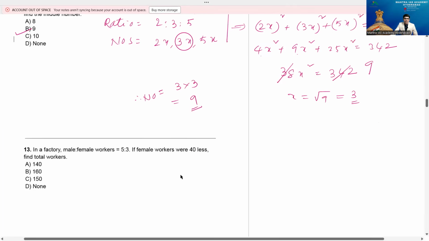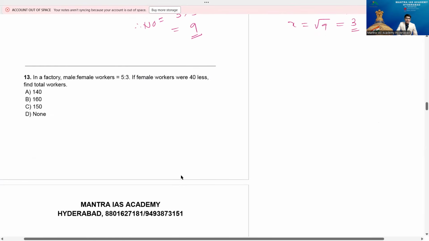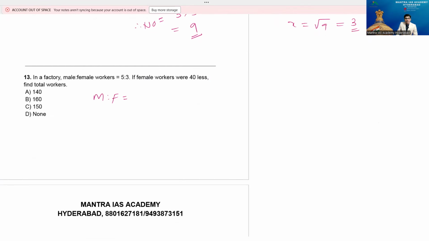Then go to question number 13. In a factory, the ratio of male workers to female workers is 5 is to 3. If female workers were 40 less than that of the men, find the total workers. He's asking for the total workers, remember. Very interesting point. When a ratio is given, we'll do the same style.